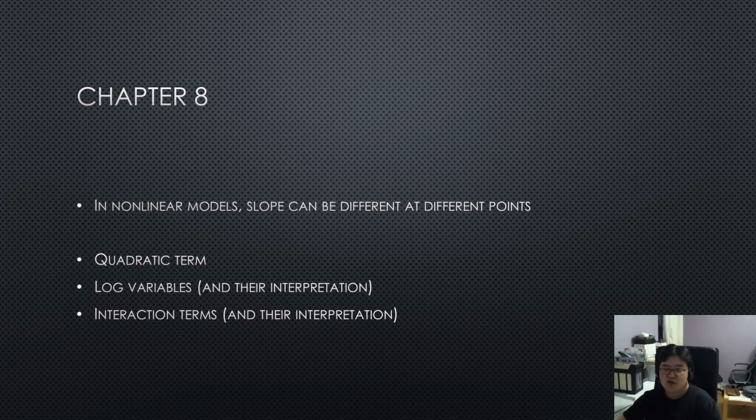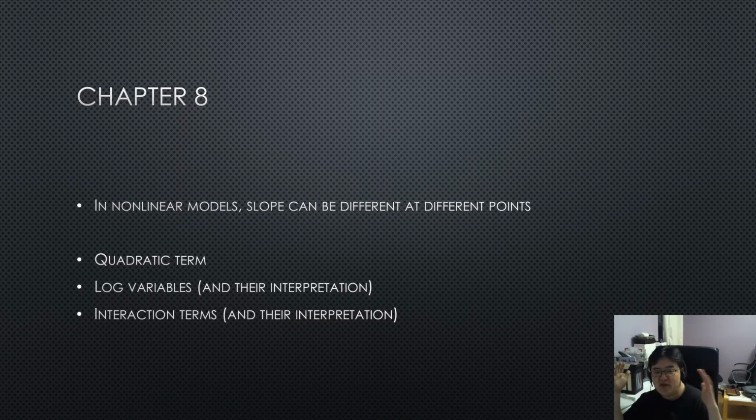And now chapter 8 is about nonlinear models. Nonlinear models, the key idea here is that we benefit a lot by assuming a linear model. So typically in nonlinear models, the slope, the effect of a regressor on the outcome can be different at different points for different people.